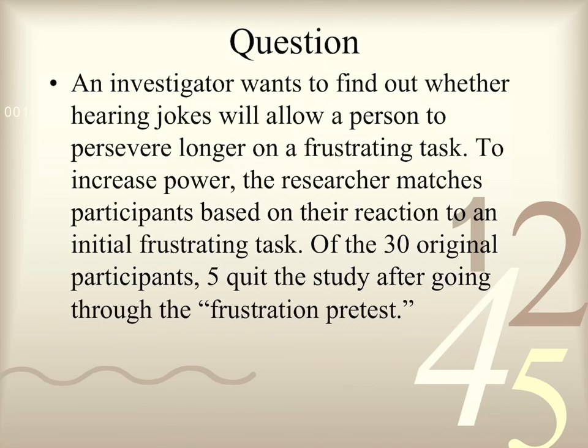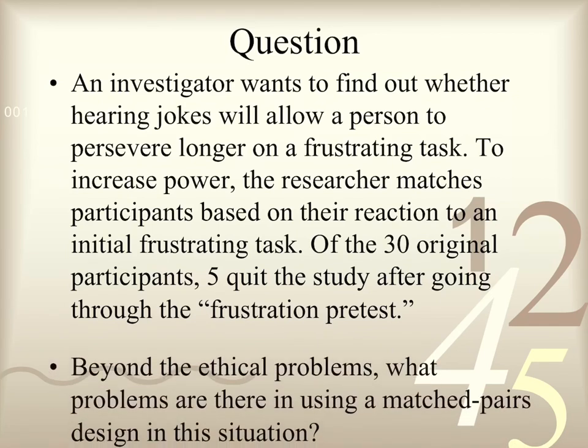Okay, so this is the circumstance. They want to find out whether hearing jokes allows a person to persevere longer, but they only have a small sample, so they match them by giving them a frustration task to begin with and seeing how they respond. They then use that to match people in the two groups, but they have 5 people quit the study after they go through the frustration pretest. Here's my question for you, and we're going to talk about it in class.